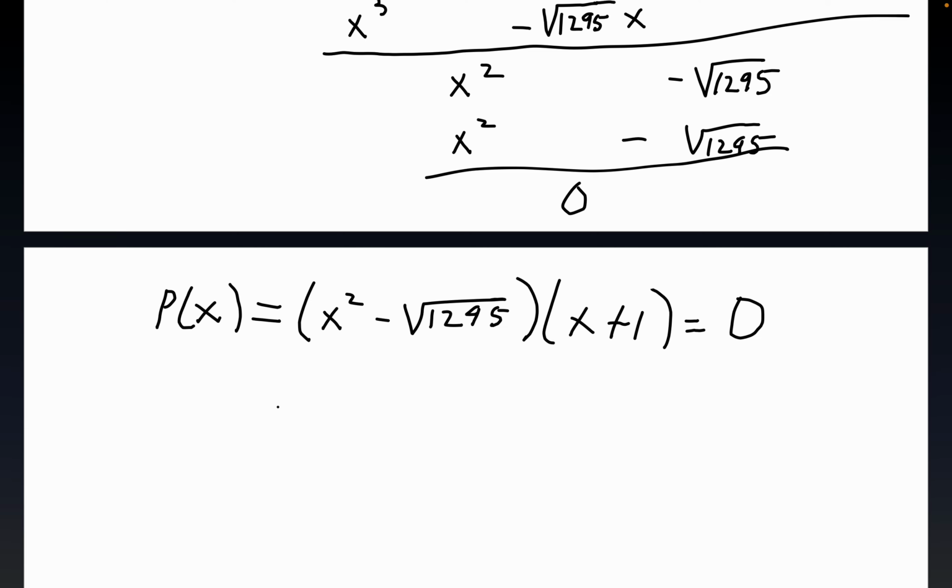So the zeros, and I'll just write it in set notation, are the fourth root of 1295, minus the fourth root of 1295 as a root, and also something that's much easier to write down, namely negative 1.